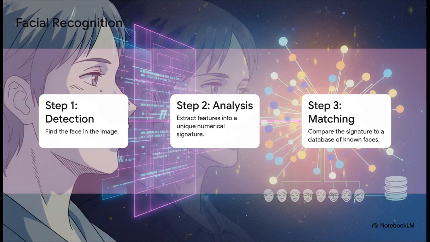First, the computer has to find a face in the picture at all. That's step one, detection. Then, and this is the really cool part, it analyzes that face and turns it into a unique code, a sort of mathematical fingerprint. That's feature extraction. And finally, it compares that fingerprint to a database of faces it already knows to find a match.